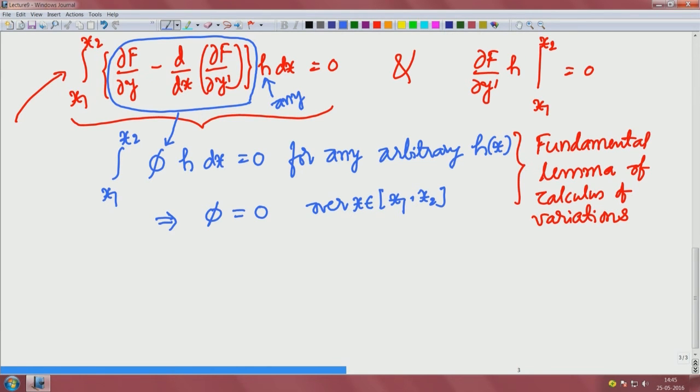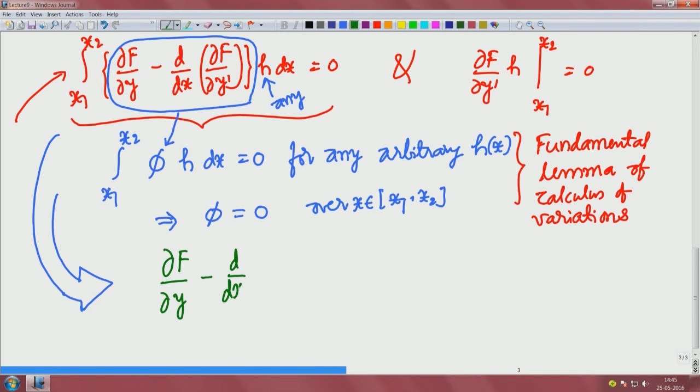So, from here and our fundamental lemma together, we can write our equation: dou f by dou y minus d by dx of dou f by dou y prime equal to 0 for any x belonging to this interval x1 x2.